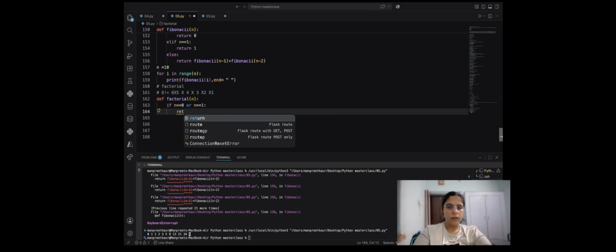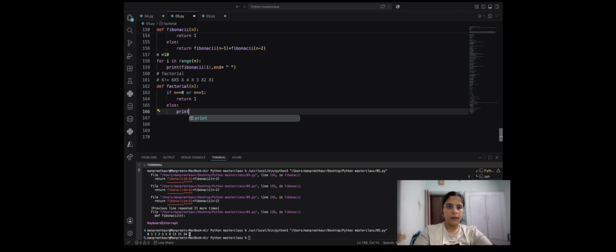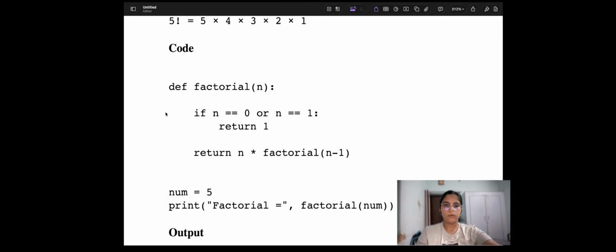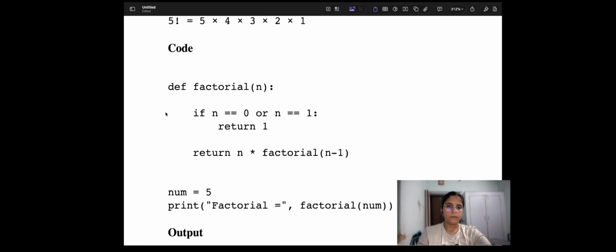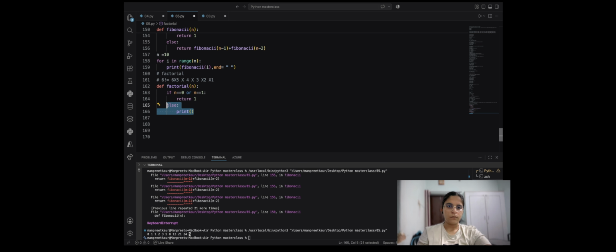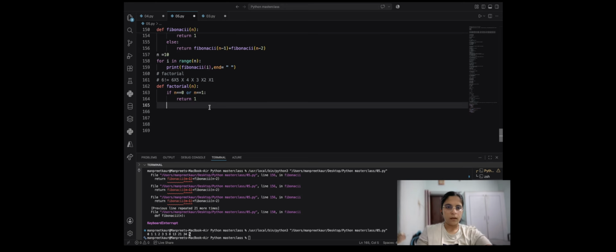Else, you have this: return n into factorial of n minus 1.